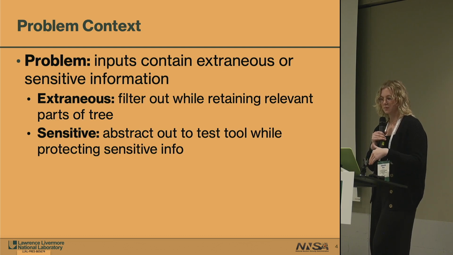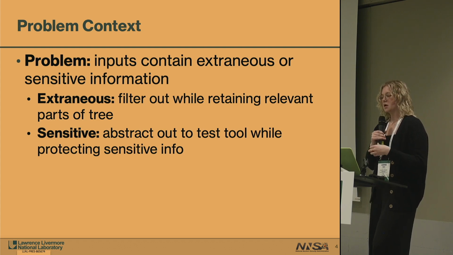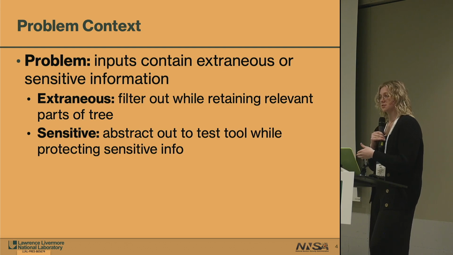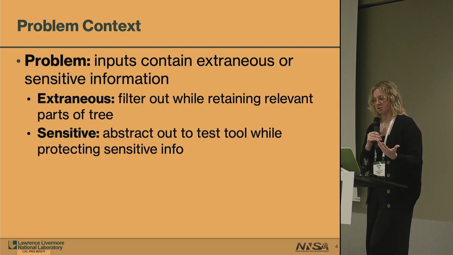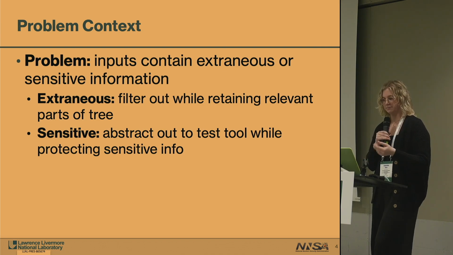trees. Additionally, this is an issue that we at Lawrence Livermore run into a lot, but it can come up in other places where you have sensitive information in your input. Maybe that's due to regulatory constraints on your data, like maybe you're working with health information that's censored to protect a patient's privacy, or maybe your stakeholders are concerned about copyright or proprietary information.